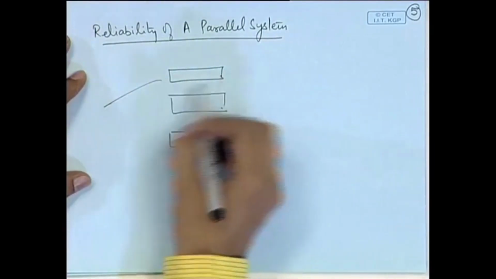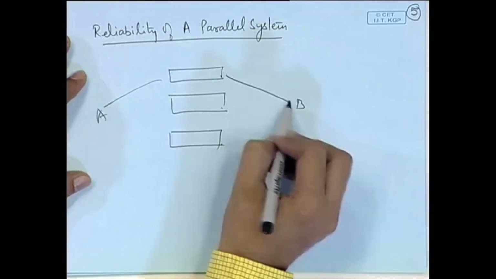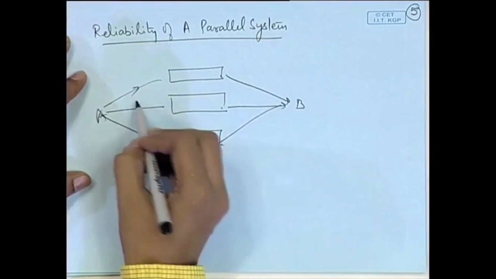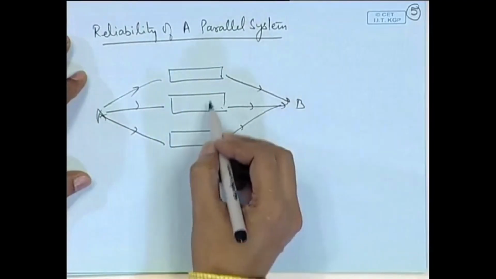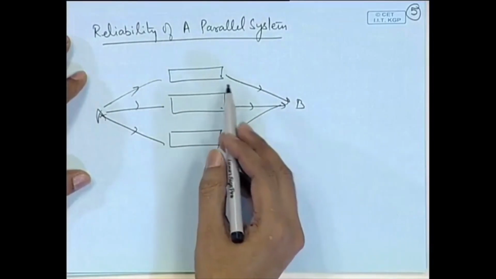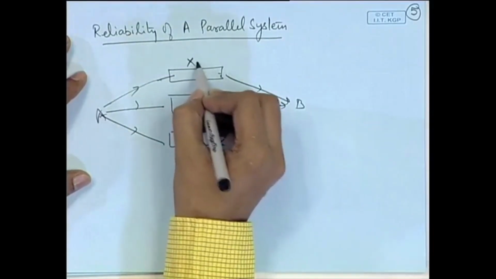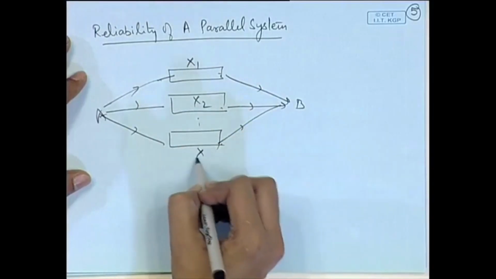There are several links from, say, A to B, and the system will function if any one of the components is functioning. Let us call the lives x 1, x 2, x k, etcetera.